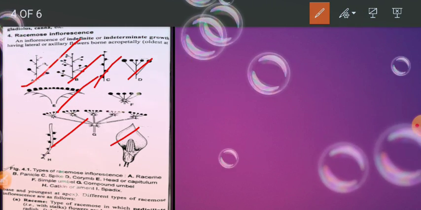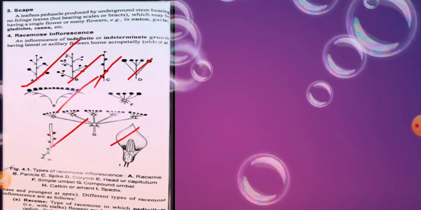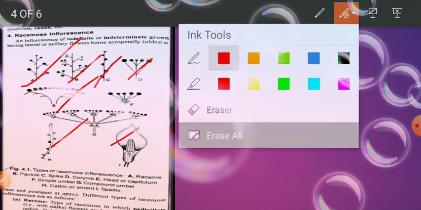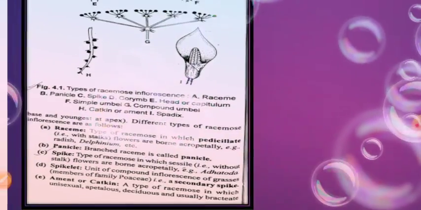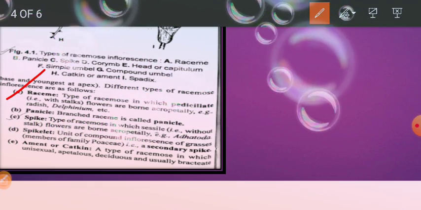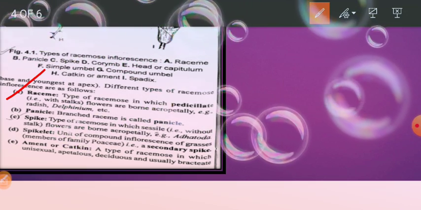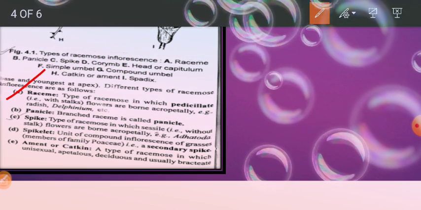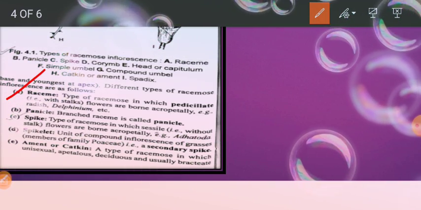Let's learn about them. First, the raceme type. Let me zoom in here. The raceme is the type of racemose inflorescence in which the pedicellate, that is, stalked flowers, are borne acropetally, for example radish and delphinium.